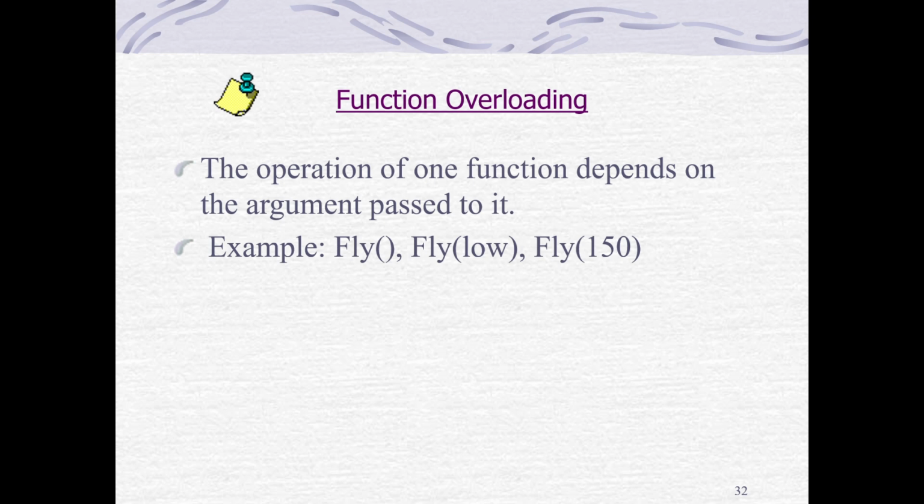So here the same function fly: the first function has no arguments, the second function fly has one argument, a string argument, and the third function has one argument, an integer argument. The function is the same, but we are passing different parameters. So one function may act in different forms. This type of function is known as function overloading.